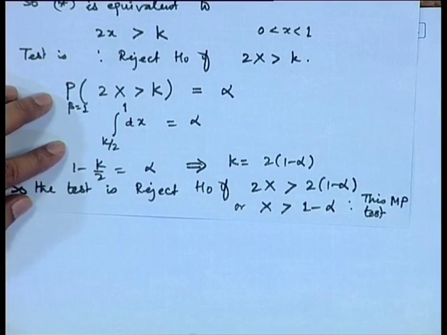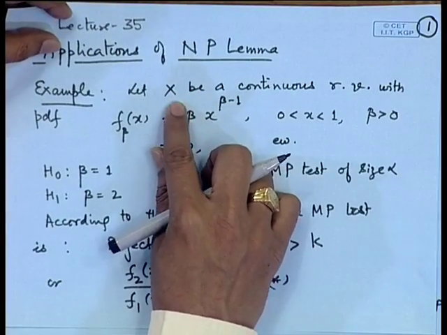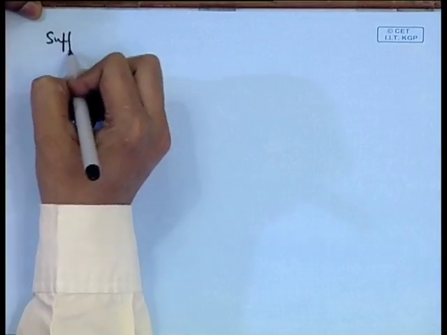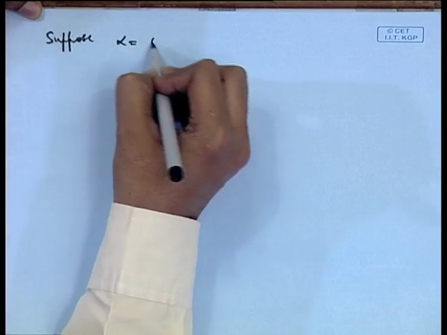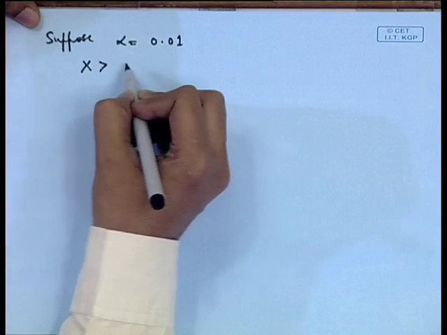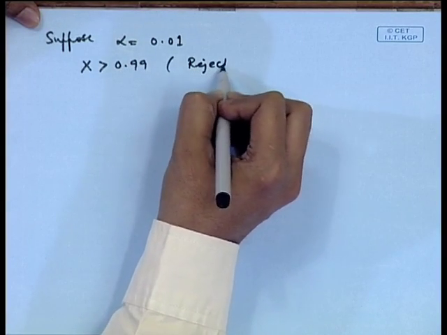So, you can see here now the decision making process is quite simple. We observe a random variable from this population and we see its value. So, suppose alpha is equal to 0.01, then I should observe x to be greater than 0.99, then only you will reject H naught.